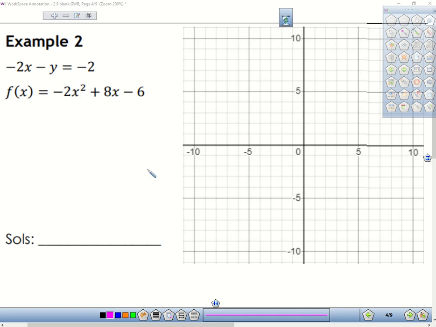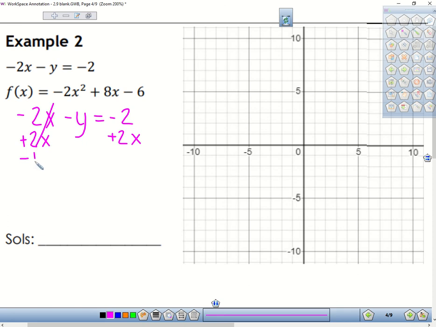Alright, so for the first question, the first thing I need to do is to get my y value by itself, okay? That's always the first thing you need to do if it's not already alone on one side. So I'm just going to rewrite it down here. And then I'm going to add 2x on both sides.